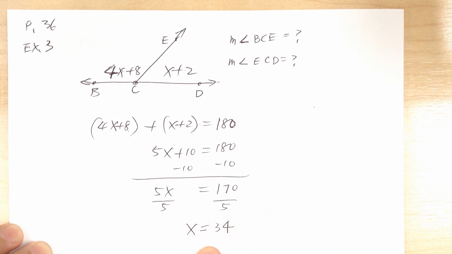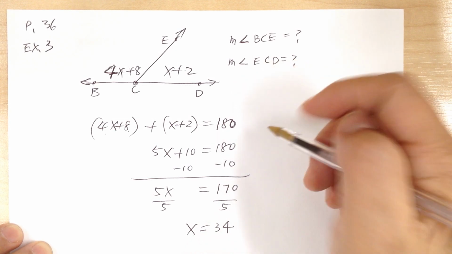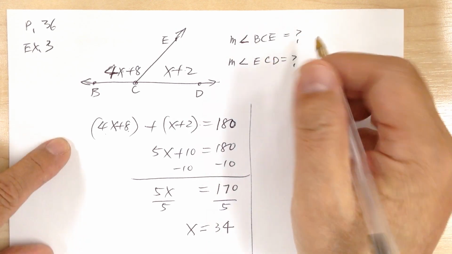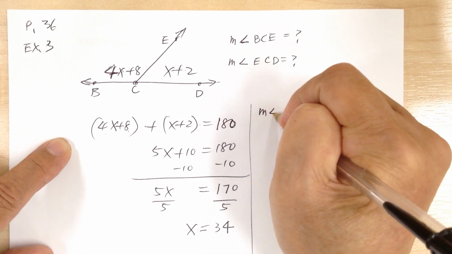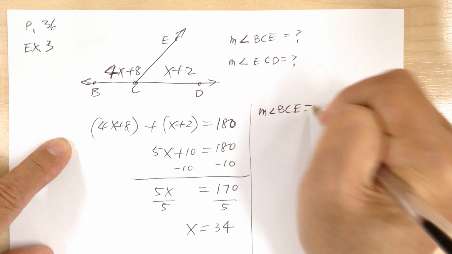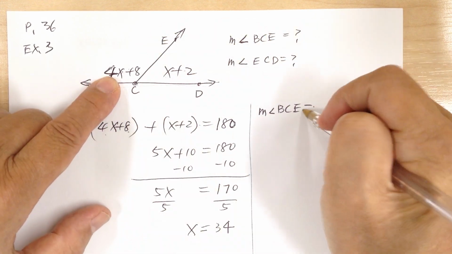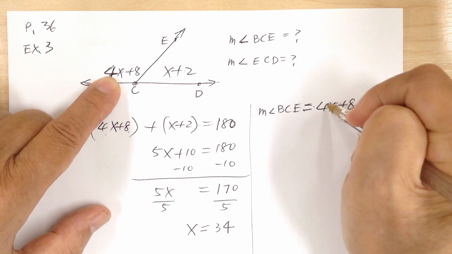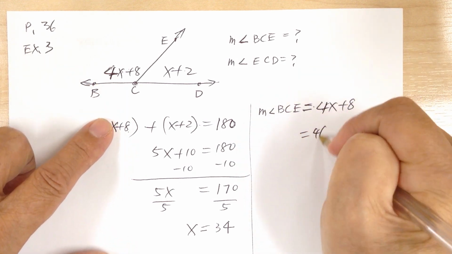Now once you find x equal to 34, you can come back here and look for each one of these. The measure of angle BCE is equal to 4x plus 8. So just substitute.